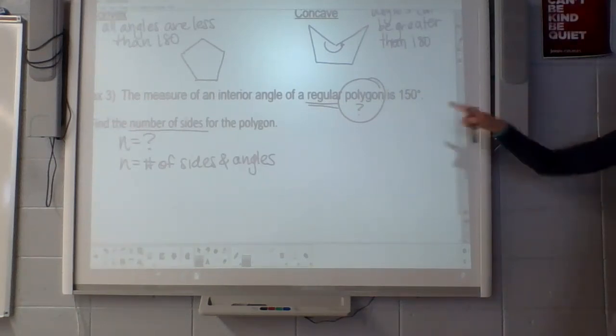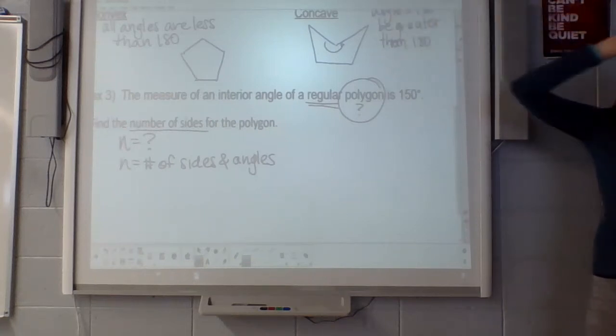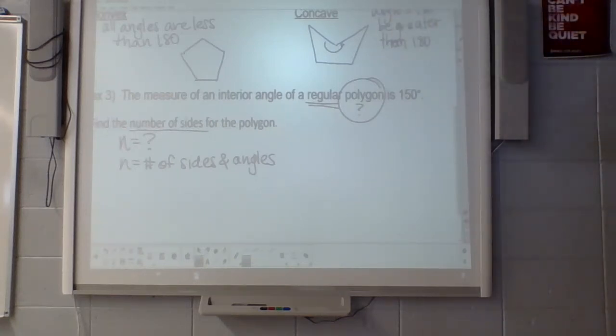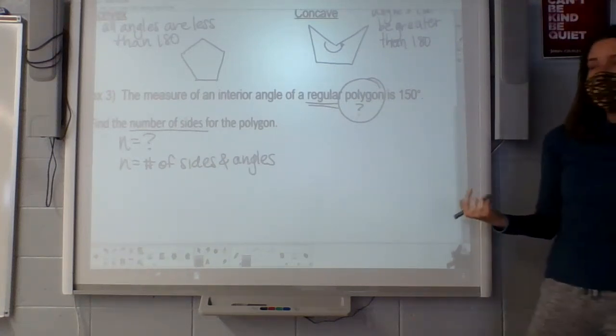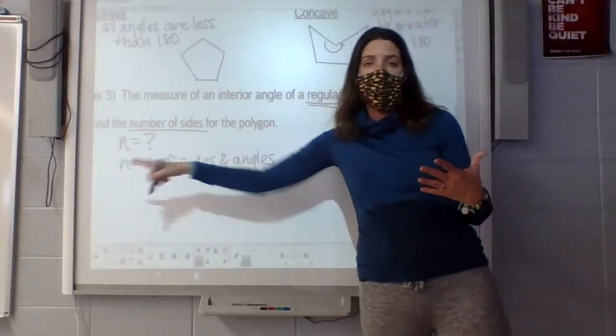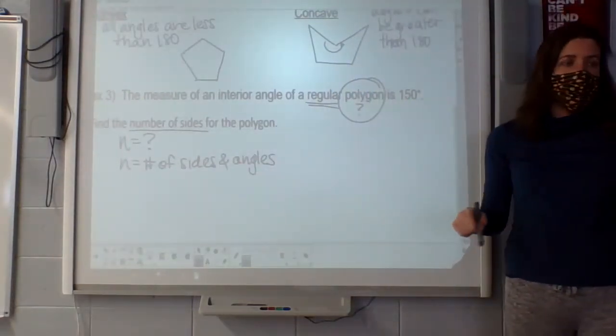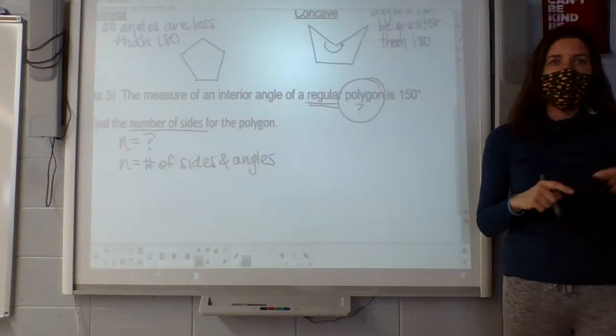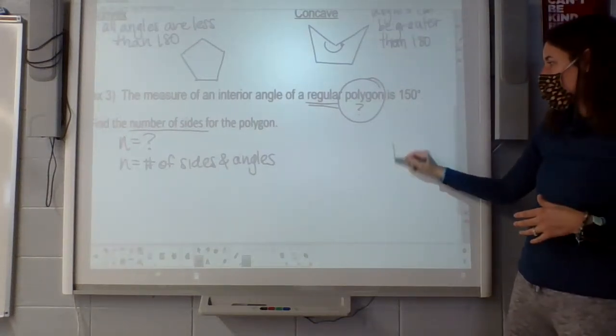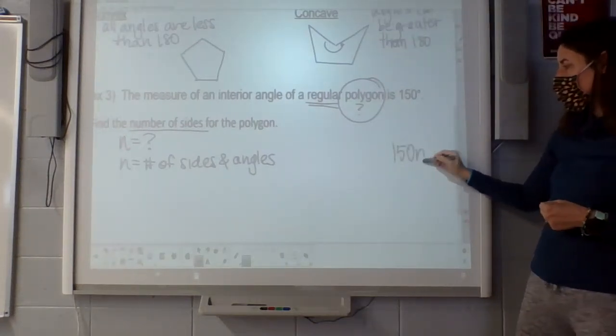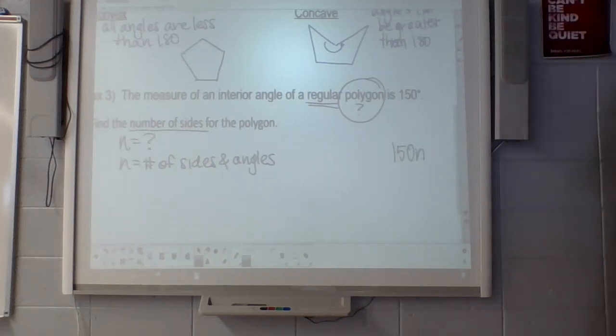We just said it right up here. They're all equal. So if one's 150 degrees, all of them are 150 degrees. I don't know how many there are, but I know there's n of them. If there are 3, we do 3 times 150. If there are 4, we do 4 times 150. So I'm going to write this as 150n. That's the sum of however many there are.